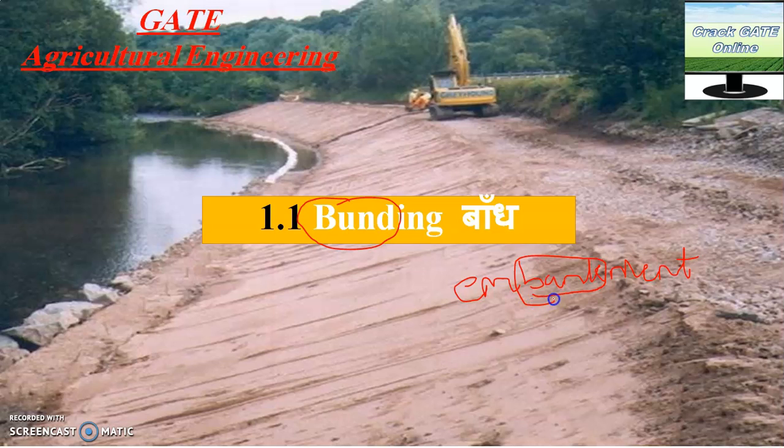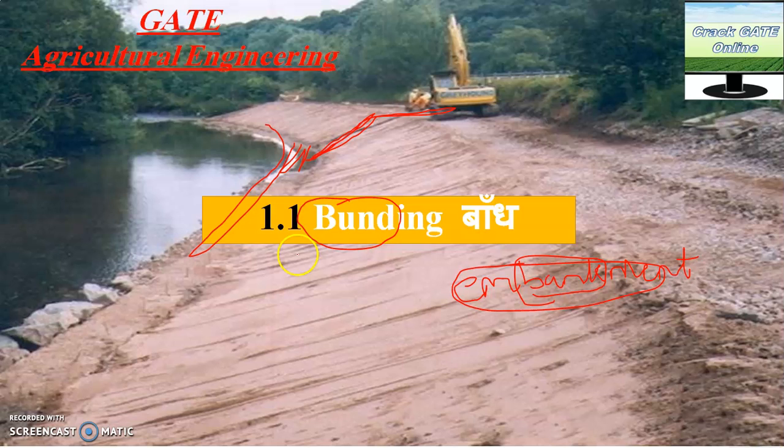It is not your commercial bank, it is the bank of any river or water body. Here in this picture you see this is the river and this is the bank. So you are embanking this river bank, meaning you are stabilizing this area. That's why it is called the embankment.